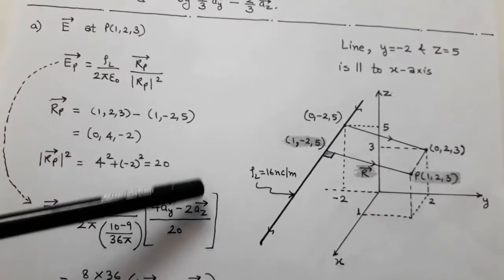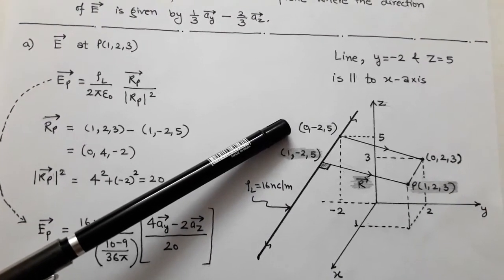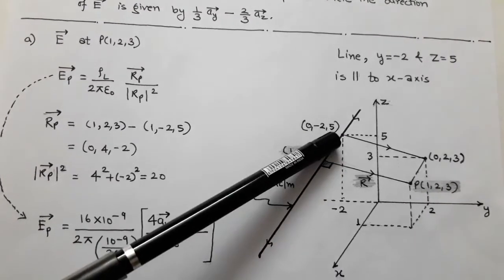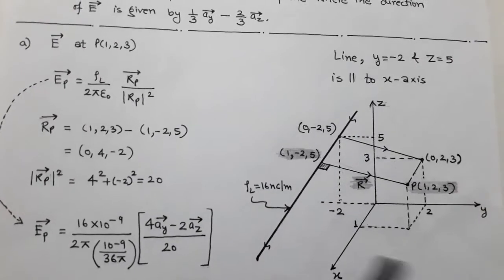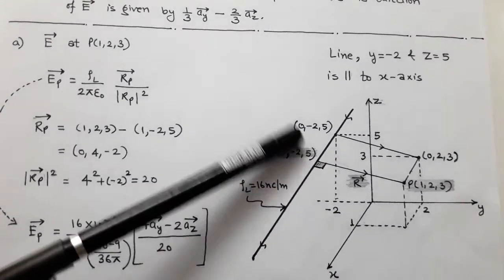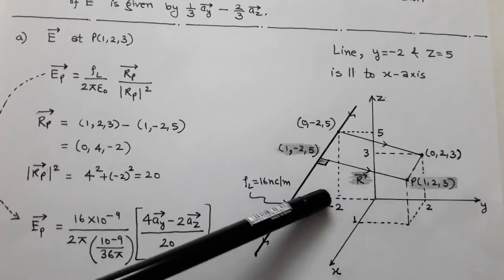The line is passing through the point x equals 0, y equals minus 2 and z equals 5. So this point is situated at the x equals 0 plane. Here the y coordinate is negative, so it is to the left of the z-axis.